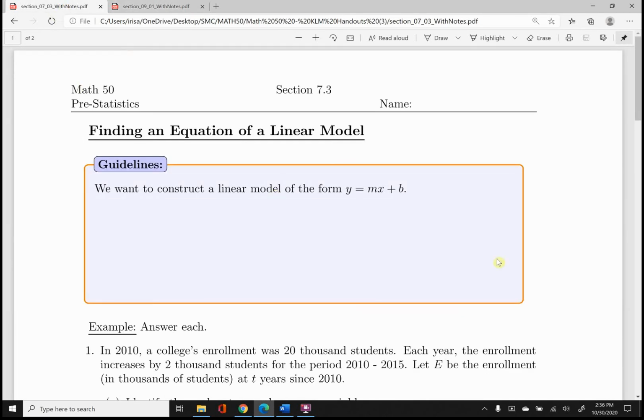Okay, let's get right into a couple of applications that reflect a linear model. If we want to construct a linear model of the form y equals mx plus b, there's a few things that we'll be doing. The first thing is to figure out who is the explanatory and response variables.